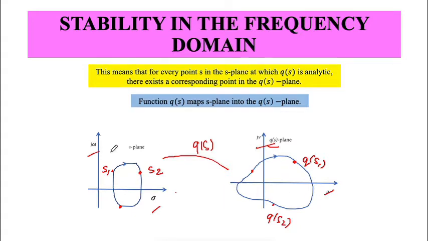So I just take this little closed loop here and I say something else happens here. Well, I just have to make sure that I don't hit a point where s equals beta 1 or s equals beta 2. So I don't hit s at the poles, because at that point Q(s) is not defined, but for all other points it is defined.